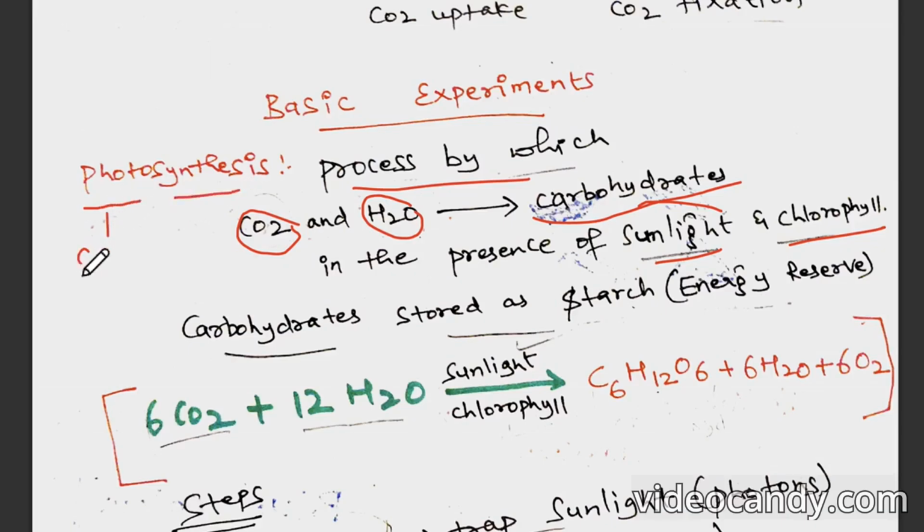Photo is nothing but sun; synthesizing with light energy is called photosynthesis. The light energy is converted into chemical energy. So CO2 and water are converted to carbohydrates, that is glucose, in the presence of sunlight and chlorophyll.